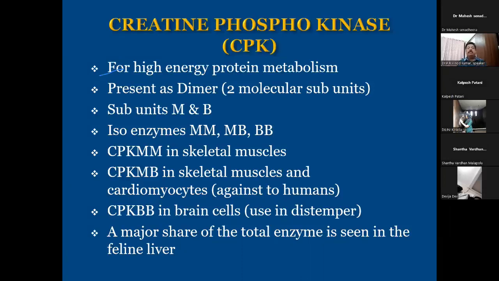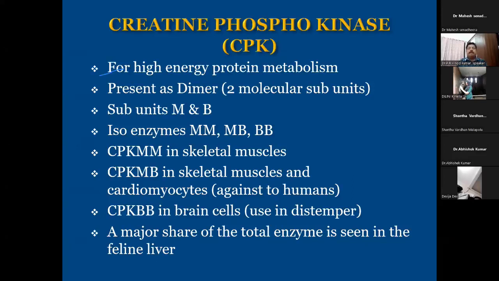Our neurology is not much well developed, so we can use CPK-BB isoenzyme estimation. It can be estimated through immunofluorescent assays. If possible, it can be used in current distemper studies.